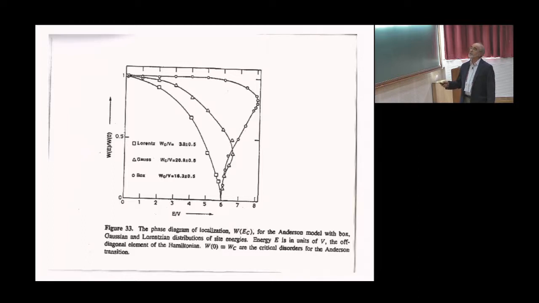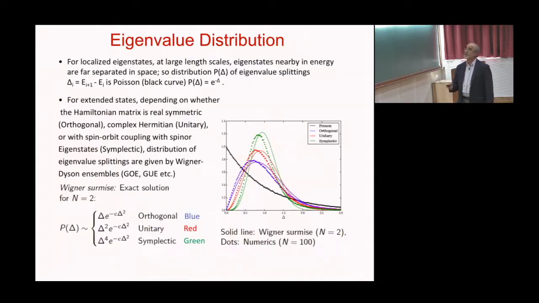But eventually, by the time you get to a number which happens to be, for the box distribution, around 16.5, all states get localized. So everywhere outside of this line, states are localized. That's my very quick review of Anderson localization.